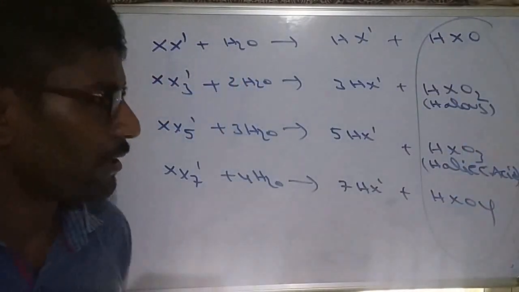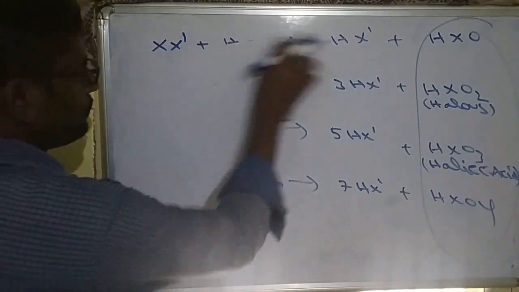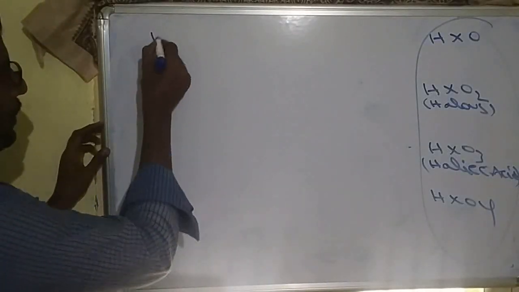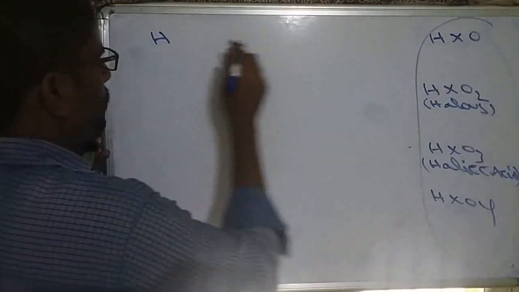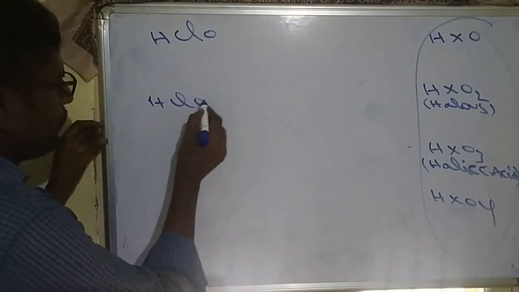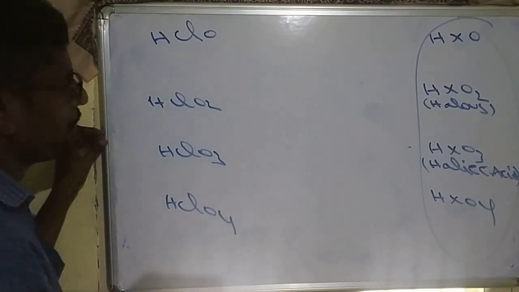Total oxoacids are possible. When we are writing oxoacid structures, you all know how to write them. H in place of X. Suppose I am writing Cl: HClO, HClO2, HClO3, HClO4.